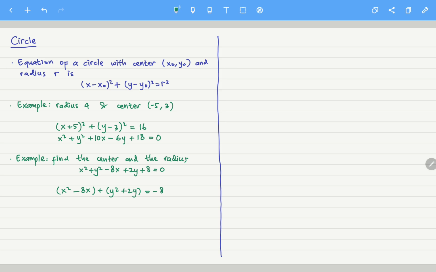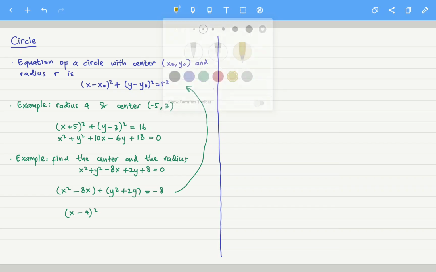So from this we have x squared minus 8x. Then if we want to go to this direction, then we should have x minus 4 squared. Or you can also see the following example.